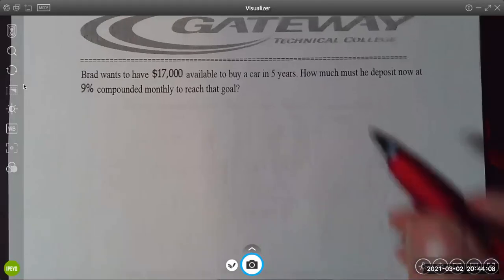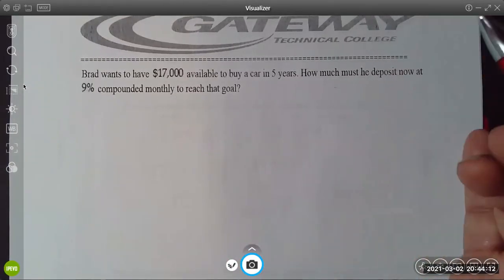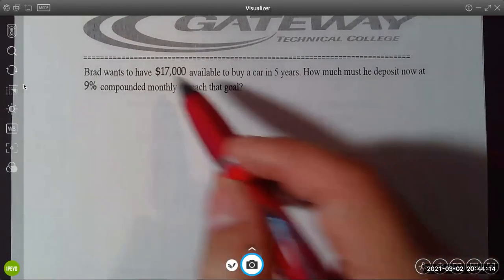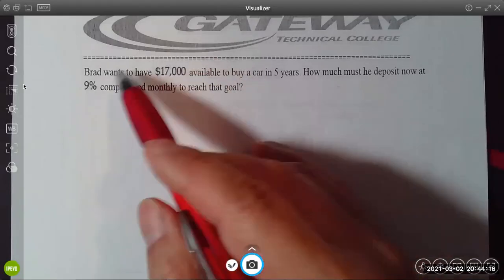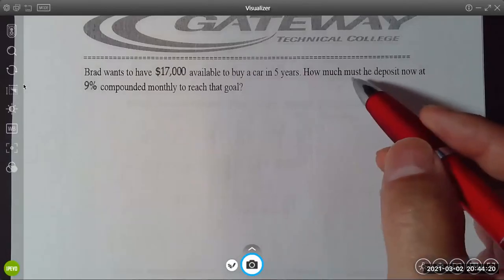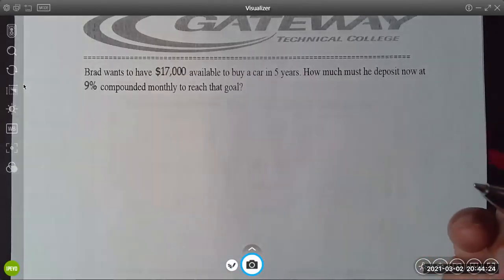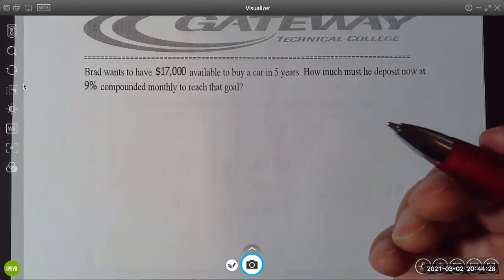So we don't really care too much about this. It's just terms. The main information from here is that we are given the future value he needs. We need to figure out how much he has to deposit today under the current terms to get that 17,000. In other words, it's the present value of a compounding account problem.